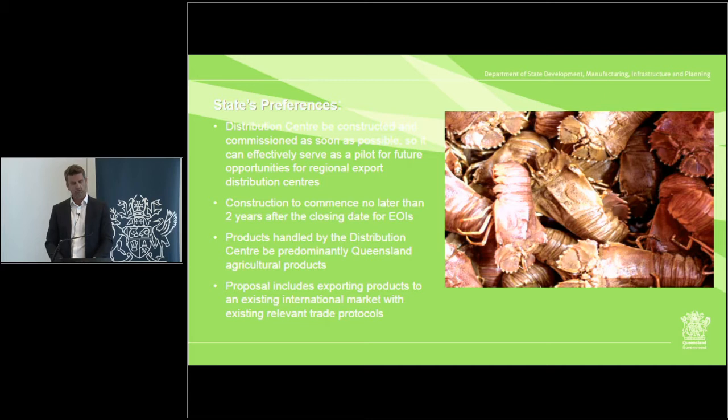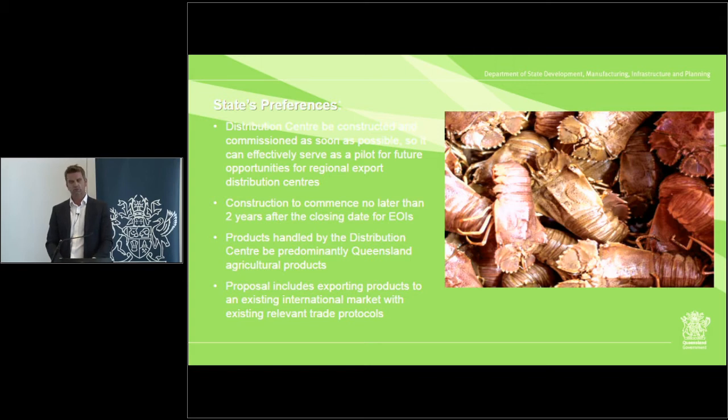These are not mandatory criteria, but the state will also take into account the extent to which a proposal achieves the following preferences. The distribution centre should be constructed and commissioned as soon as possible so that it can effectively serve as a pilot for future opportunities for regional export distribution centres. Construction should commence no later than 2 years after the closing date.